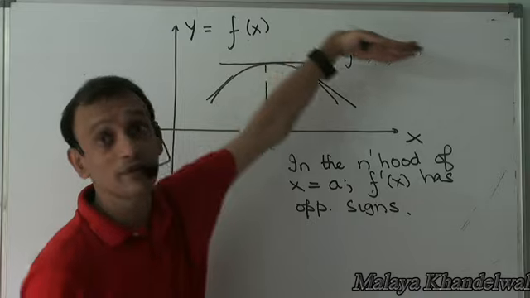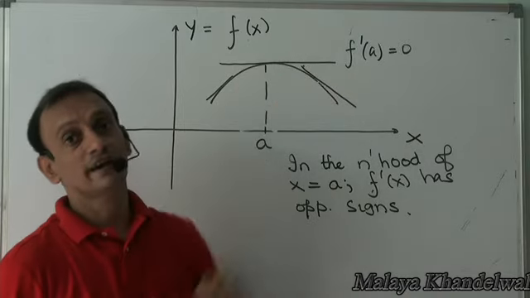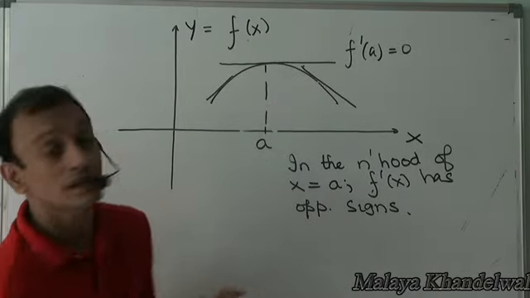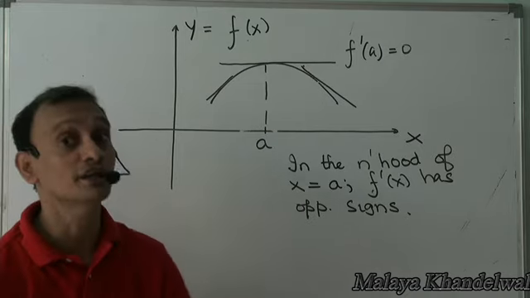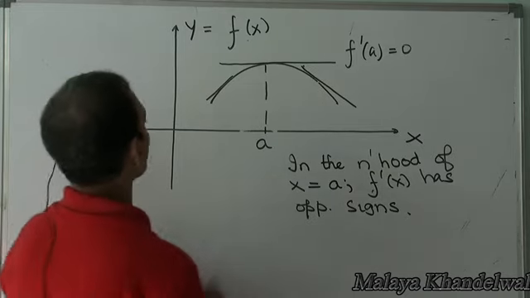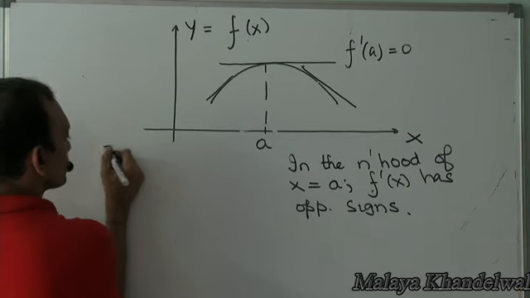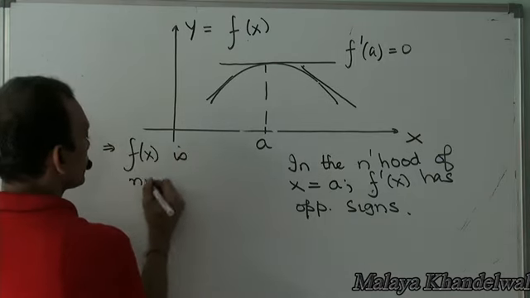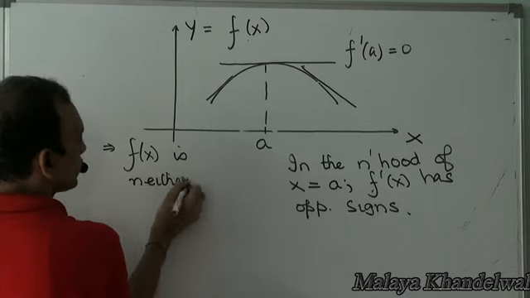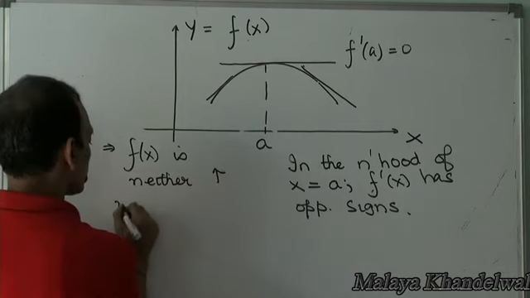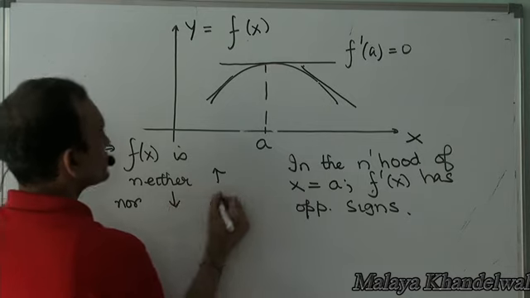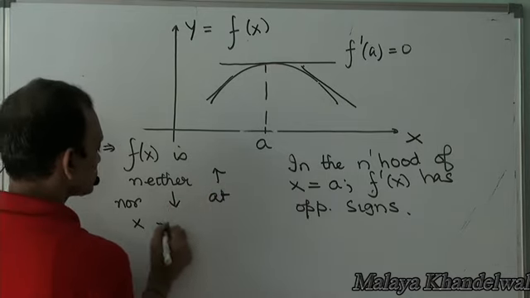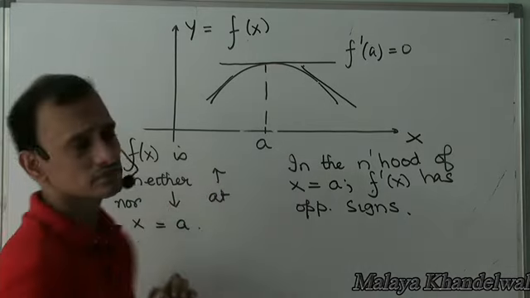If f dash a is becoming 0 and in the neighborhood of a, f dash x has opposite signs, then the function is said to be neither increasing nor decreasing at x equal to a.